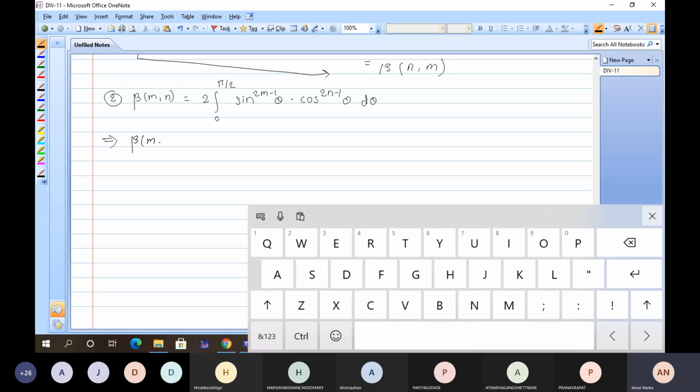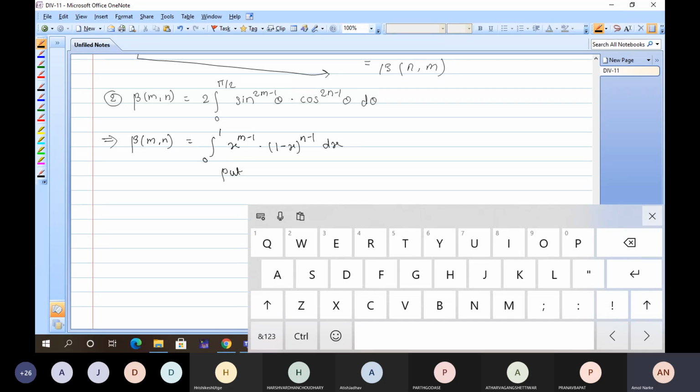Beta of m comma n is equal to integration 0 to 1 of x raised to m minus 1 into (1 minus x) raised to n minus 1 into dx. You can substitute x equal to sine square theta. Why? Because then I will get sine raised to 2m minus something like that. So you can put that.